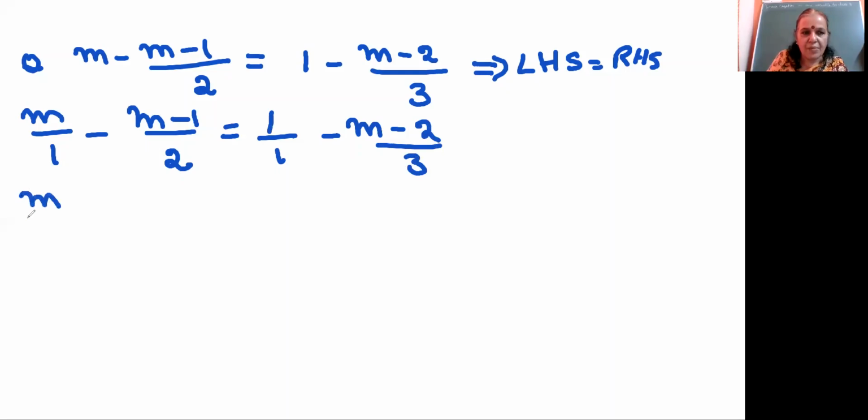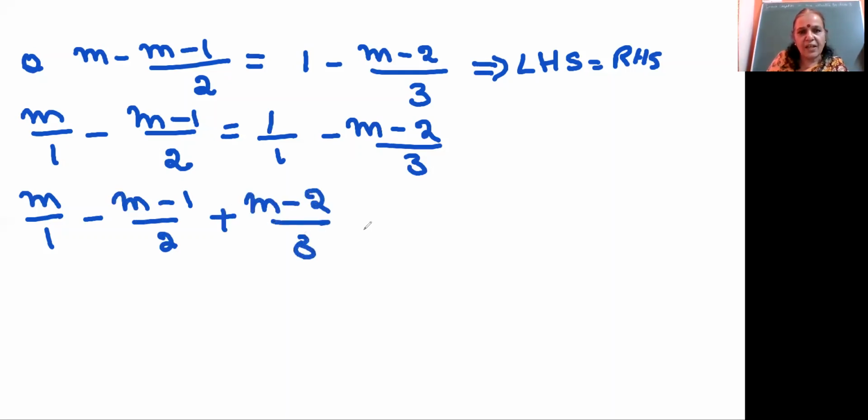That is m by 1 minus (m minus 1) by 2 plus (m minus 2) by 3 is equal to 1. LCM is 6.